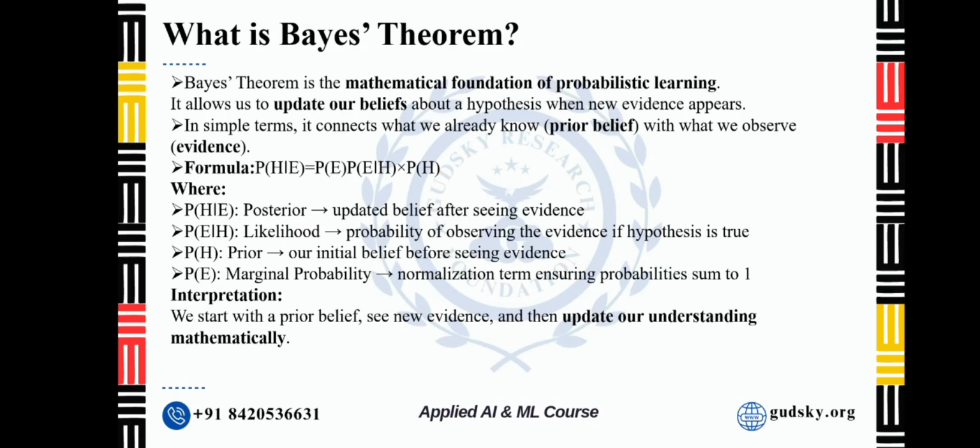P(H) is the prior, what we believed before seeing any data. P(E) is the evidence probability, a scaling factor that ensures everything adds up to 1. So in simple words, Bayes' theorem takes your prior belief, multiplies it by how likely the evidence is, and gives you an updated, more accurate belief. This concept is everywhere from weather forecasting to medical testing and even spam detection. Once you understand this, the whole naive Bayes algorithm becomes much easier.